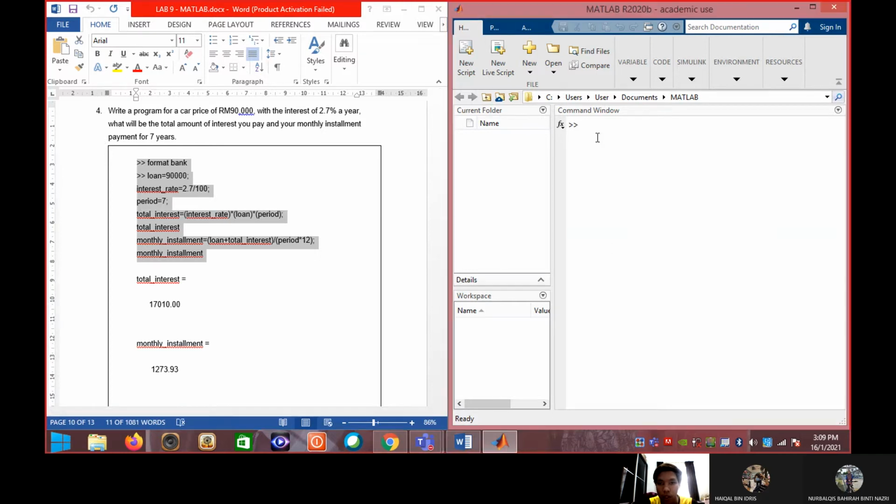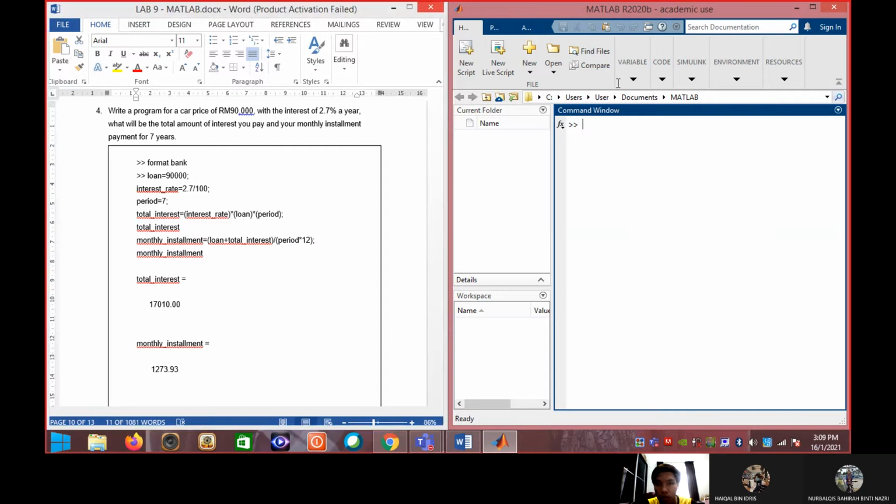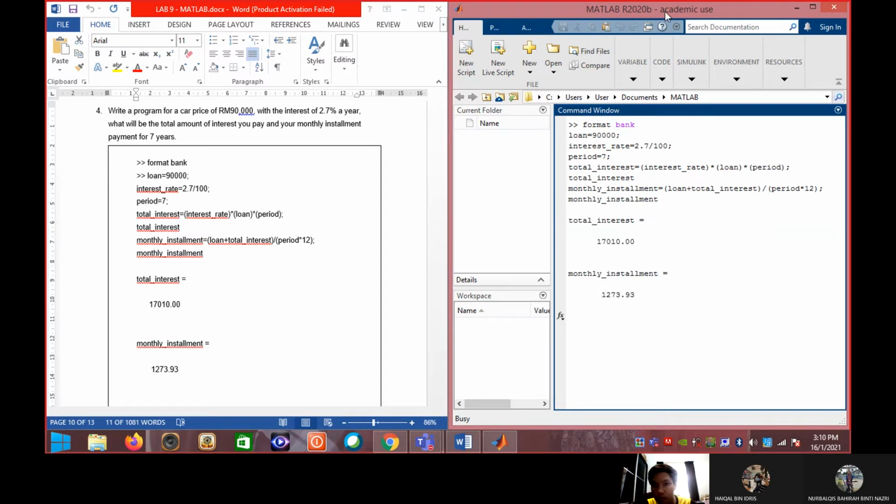If we paste it here, we can get the total interest, which is 17,010 ringgit, and the monthly installment is 1,273 ringgit and 93 cents.